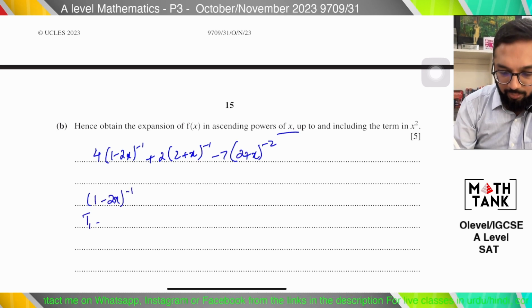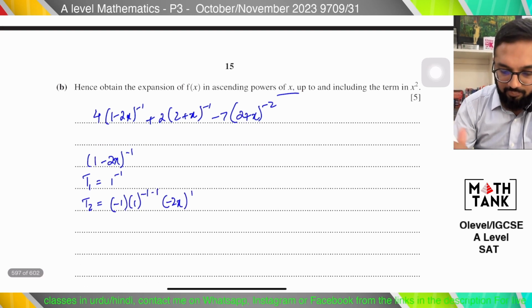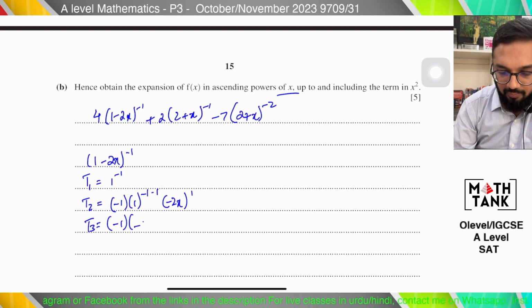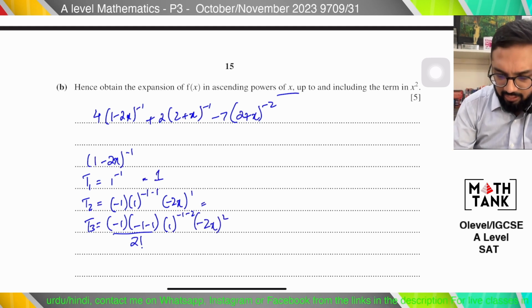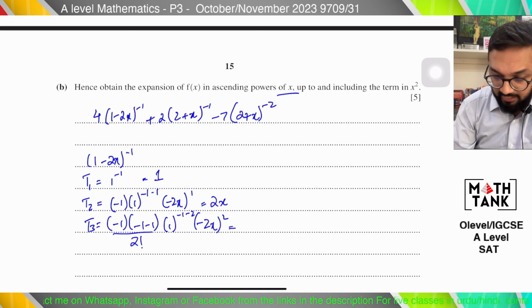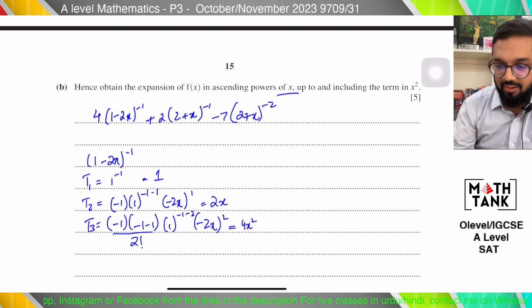Term number 1 is a power n, term number 2 is n a power n minus 1 b power 1, term number 3 is n n minus 1 over 2 factorial, 1 power n minus 2 and minus 2x power 2. That comes out as 1, that comes out as 2x, and that comes out as 4x squared.